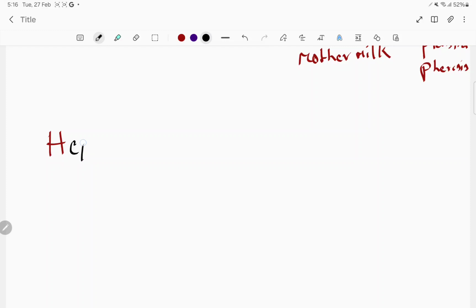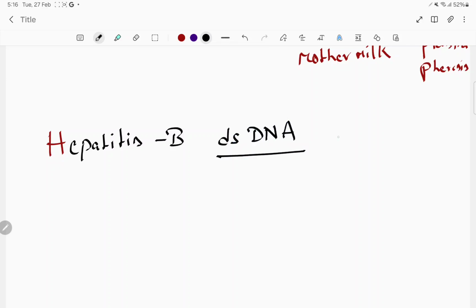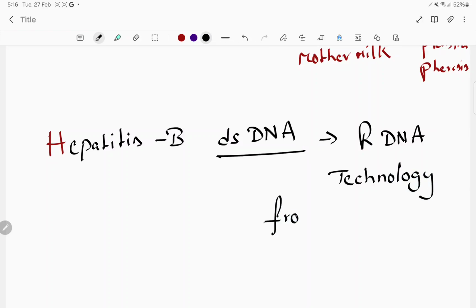Hepatitis B, which has double-stranded DNA. Remember this very important point. And it is produced by rDNA technology from yeast.